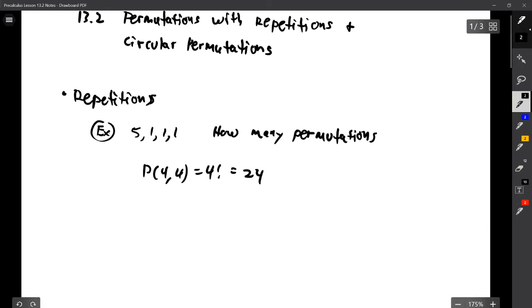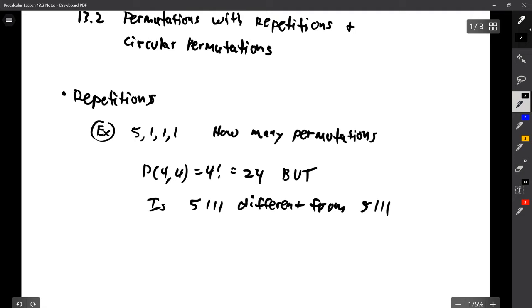But is 5, 1, 1, 1 different from 5, 1, 1, 1?